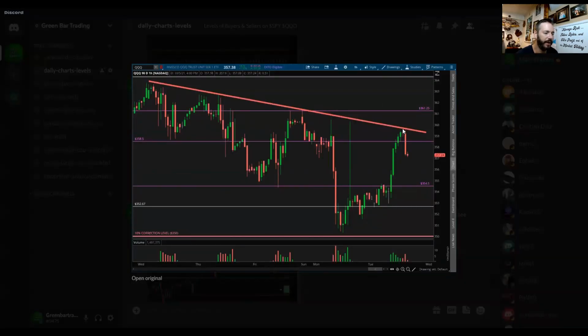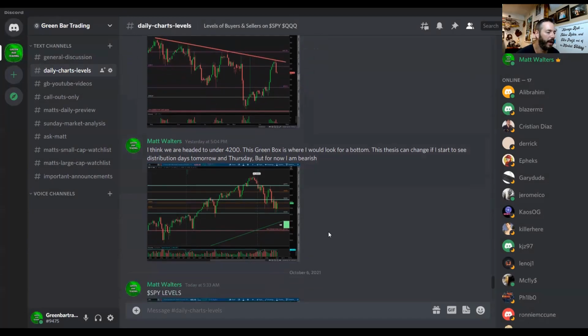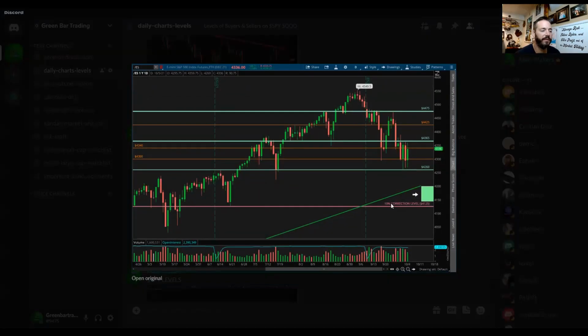We hit a high here, running into a trend line that I posted before this, telling people, if you're going to get long here for a hold overnight, be careful. We're coming right up against this trend line. Until we break, I'm going to be bearish. So I wrote, this seems like a pullback tomorrow. Now, at this point, obviously, I don't have a crystal ball. I don't know. But until the market proves to me otherwise, that's just what I have to go on.